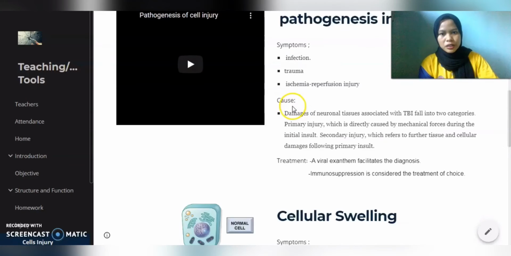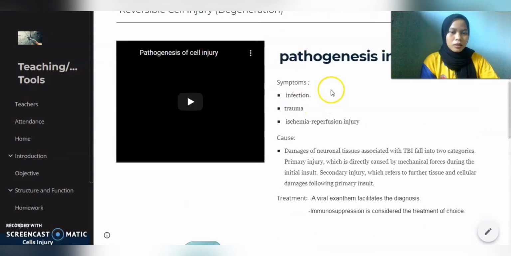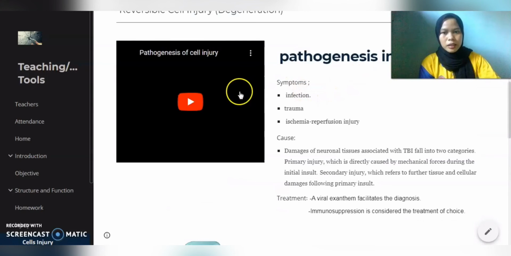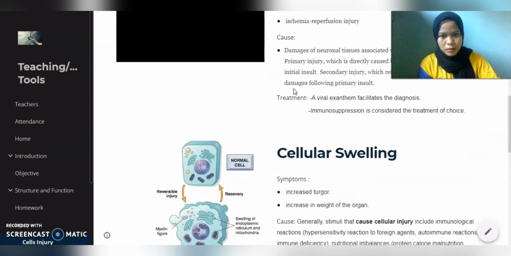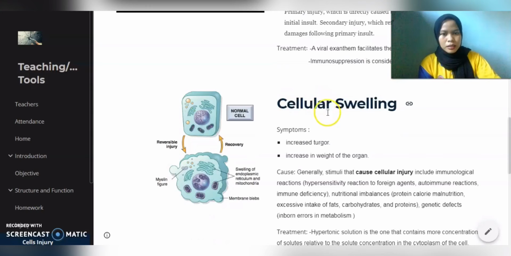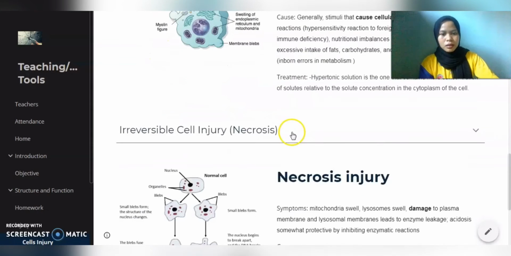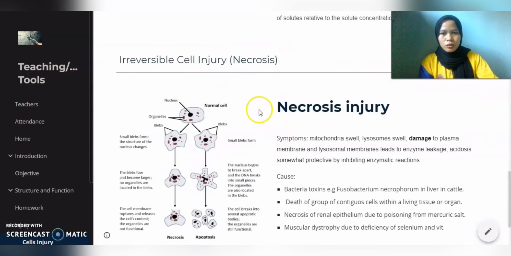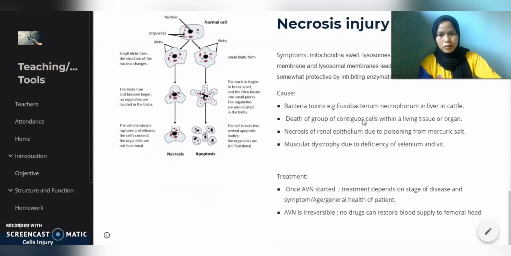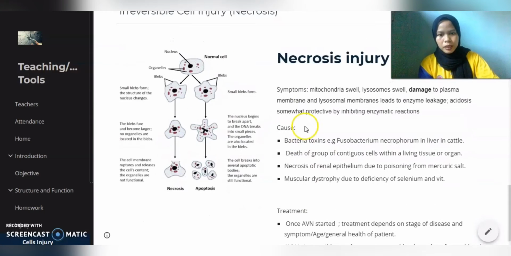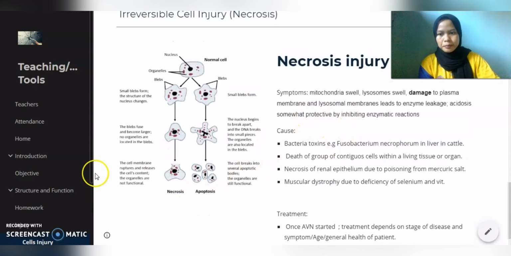For degeneration, there are 2: pathogenesis injury, with a video and explanation about the symptoms and cause, and second is cellular swelling, with symptoms and cause given. This is a paragraph. For necrosis, it is necrosis injury, with the paragraph and the explanation here.